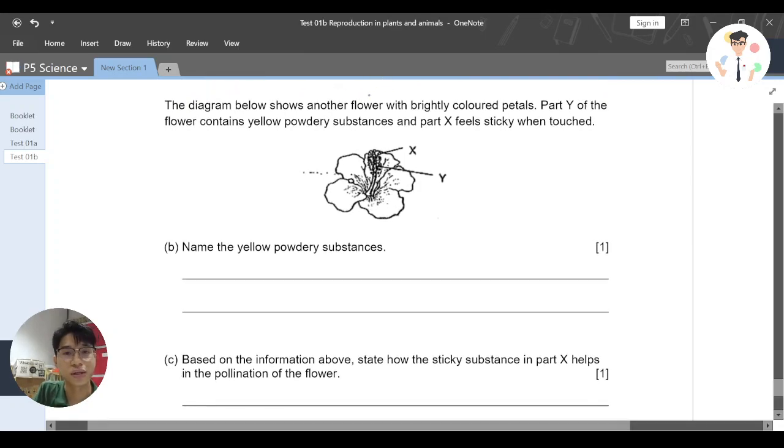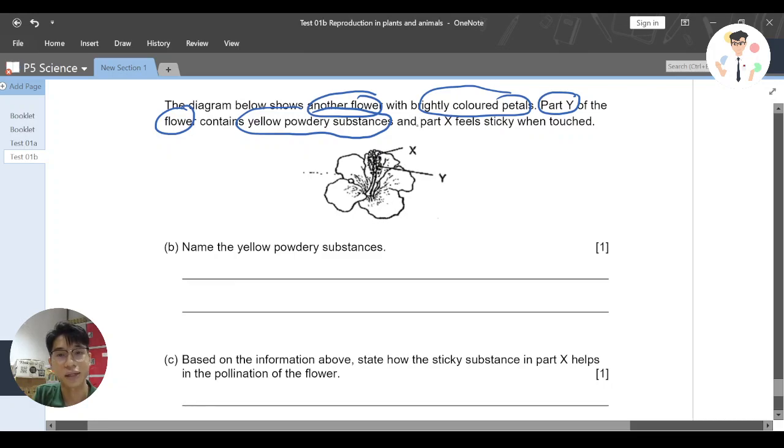Now, the diagram below shows another flower with brightly colored petals. With the words brightly colored petals, I know this is an animal pollinated or insect pollinated flower. Now, part Y of the flower contains a yellow powdery substance, and part X feels sticky when touched. When I say part Y contains a yellow powdery substance, automatically I know this part Y is the anther, because it produces, right?